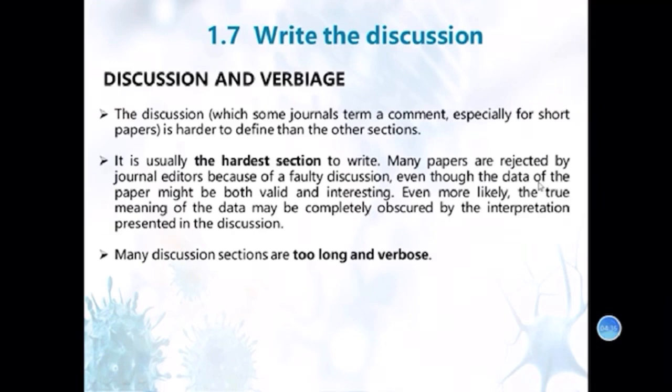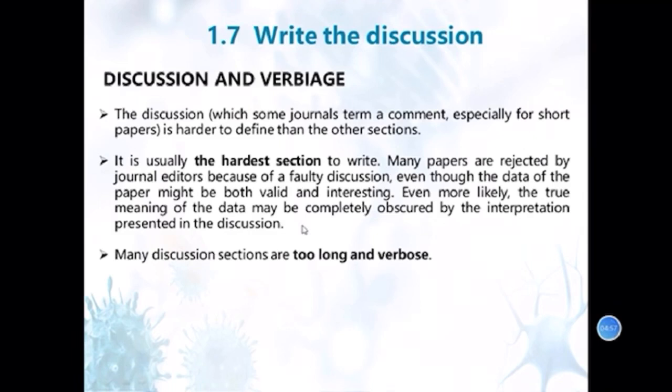Many papers are rejected by journal editors because of a faulty discussion, even though the data of the paper might be both valid and interesting. Even more likely, the true meaning of the data may be completely obscured by the interpretation presented in the discussion.